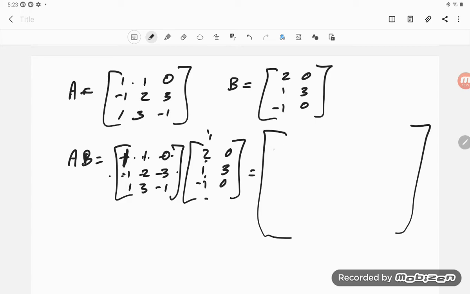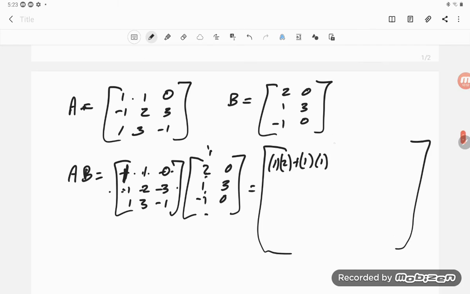I get 1 times 2. Now I'm using parentheses just to not use a dot, because the overall thing is the dot product here. And then plus 1 times 1, and then 0 times negative 1.